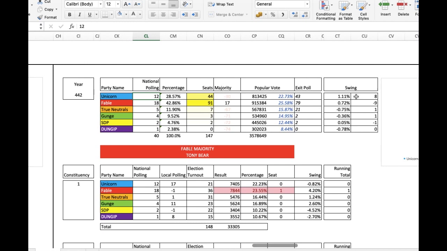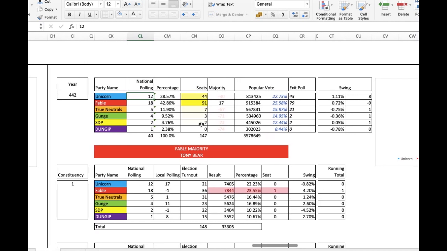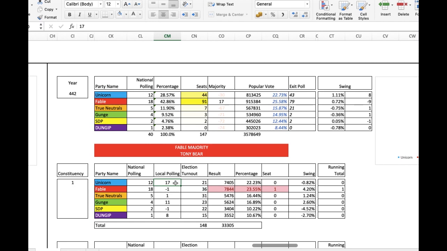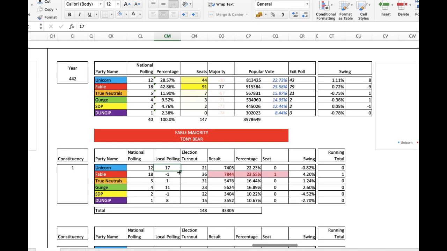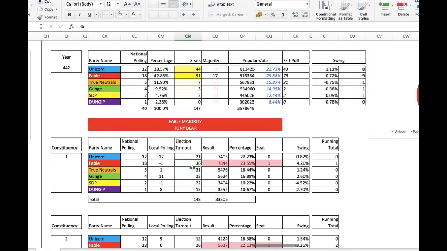Unicorn crawled back a couple, but again, you can see this seat swinging majorly towards Unicorn with a bit of a Gunge increase. Although here, interestingly, just on the swing of the dice, Fable won this seat despite it being a very comfortable Unicorn leaning seat.